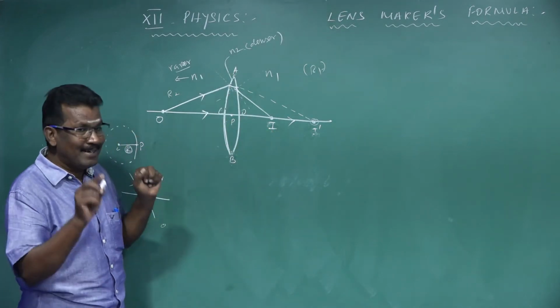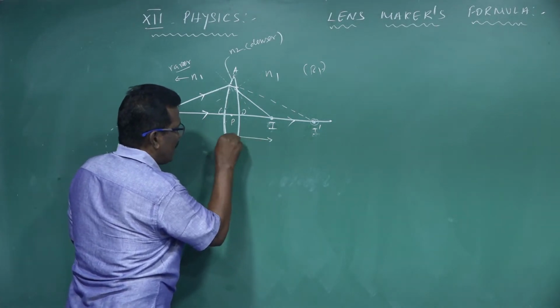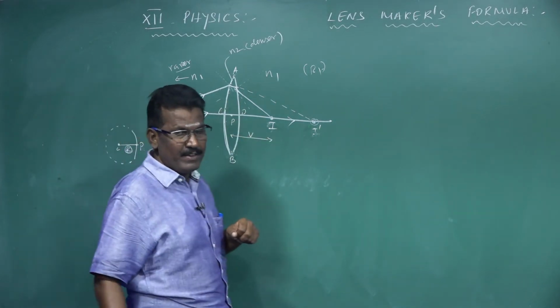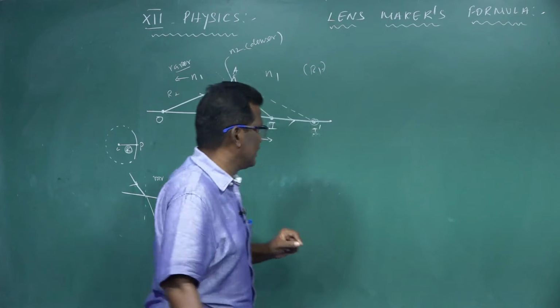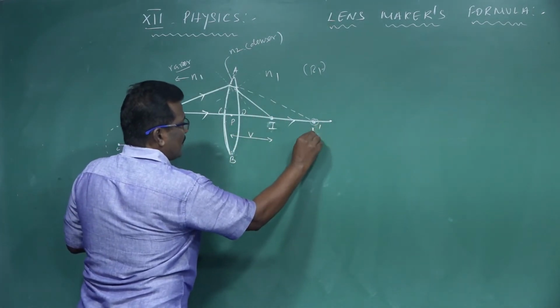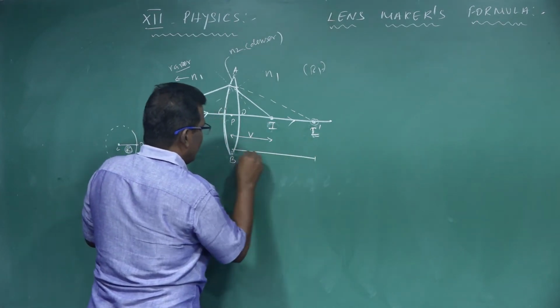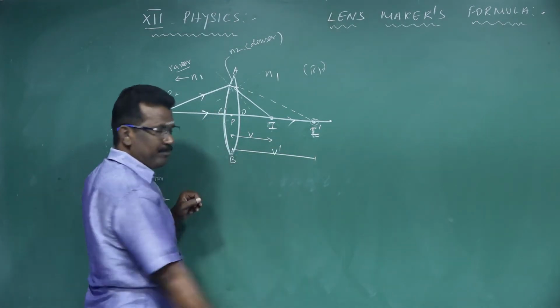We know that the distance between the pole and I is the image distance V. Again, the distance between I prime and P is V prime.